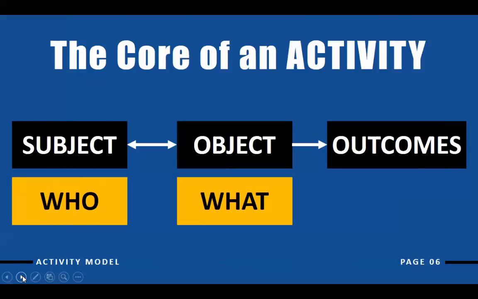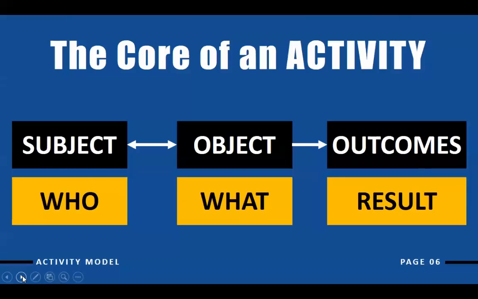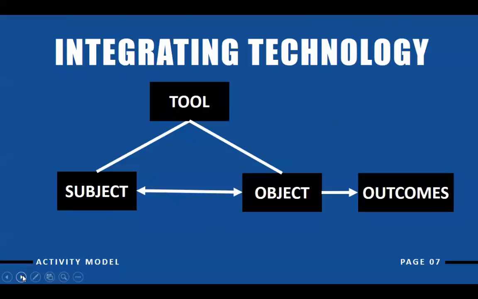So it's not necessarily the learning objective. It's what that verb is telling you that your students are going to do, okay? And then the outcomes is the result of student learning. And when you integrate a technology or a strategy or a tool, that piece becomes the how. All right, how are we going to do all of this? With what are we doing all of this?